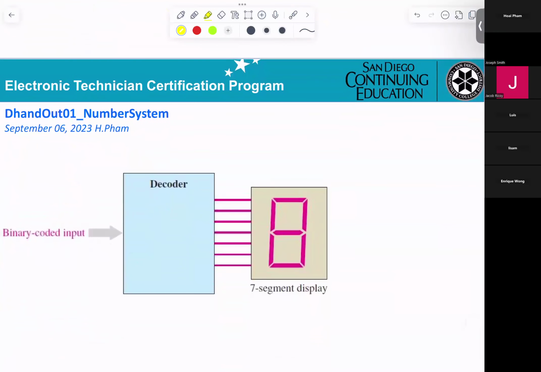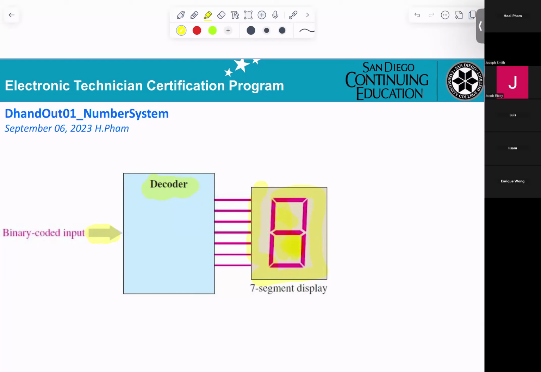And the next device, the decoder. If a binary comes in, when it comes out, basically humans cannot understand binary. So that's why they use 7 segments. They will convert that binary to the number humans can understand.